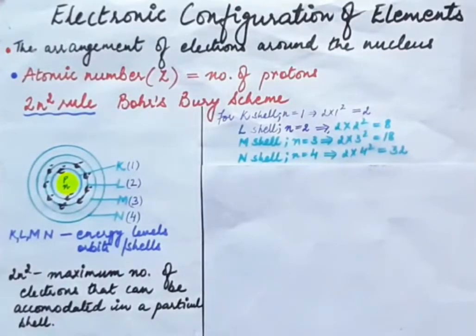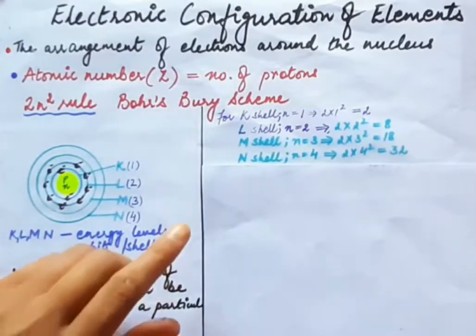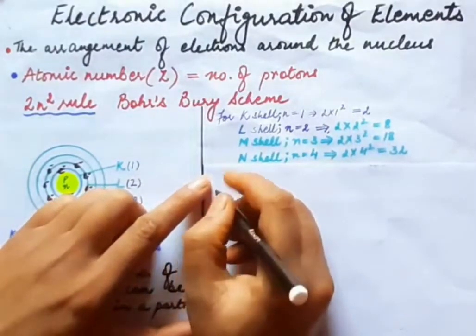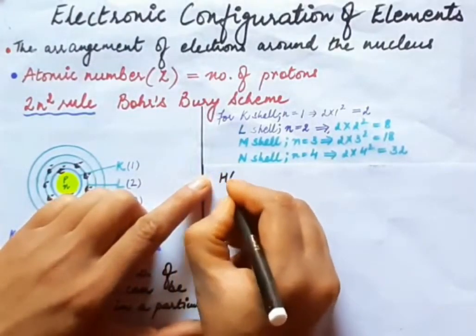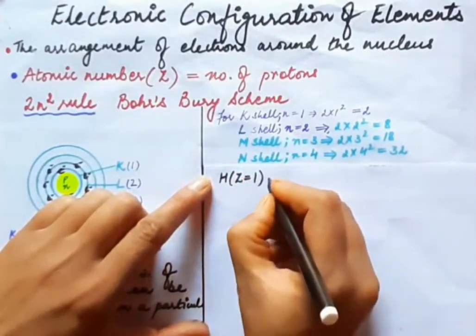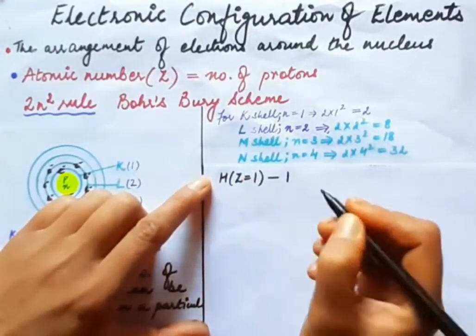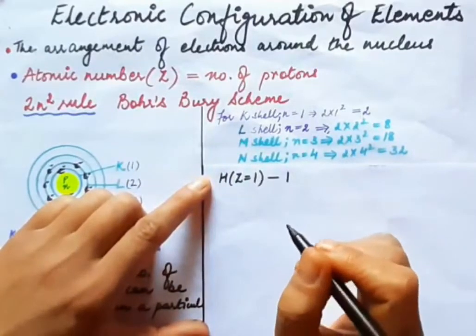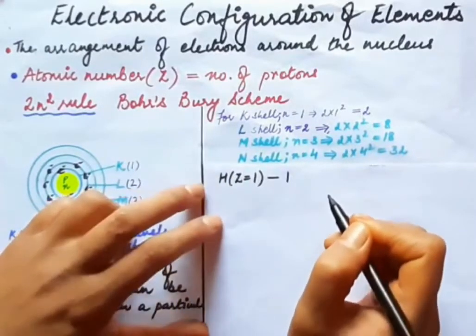Now we'll write the electronic configuration of some elements. To begin with, we start with the simplest element, that is hydrogen, with atomic number 1. Atomic number of hydrogen is 1. Electronic configuration is 1 again. It will have only one electronic shell with 1 electron.